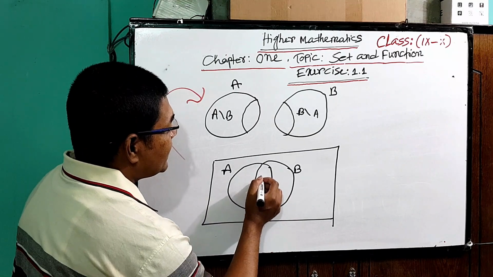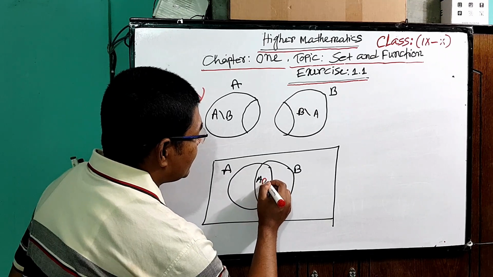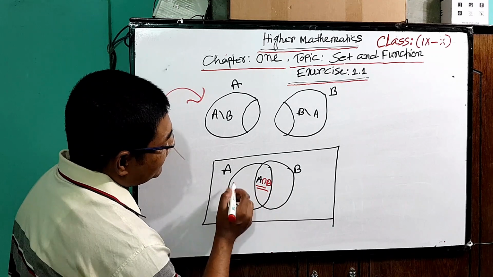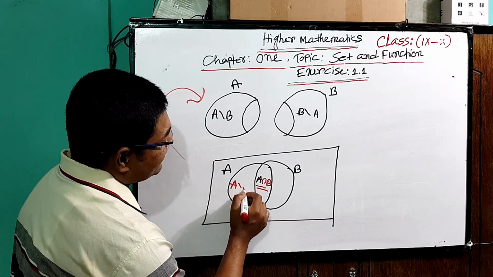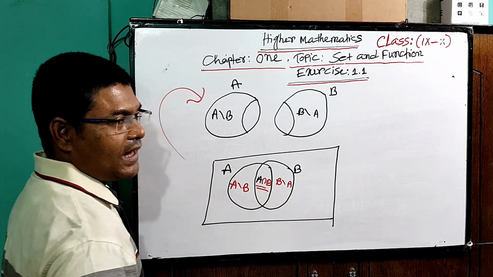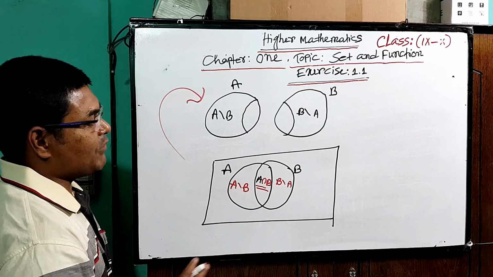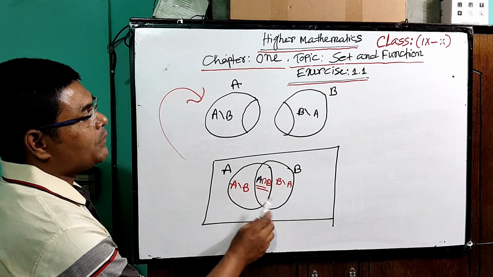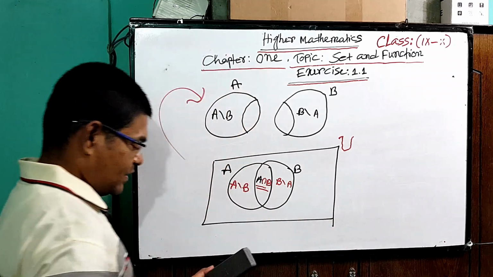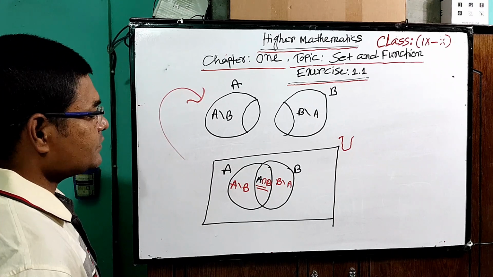And this is A intersection of B. And this is A difference of B. And this is B difference of A. Okay? So these are the Venn diagram. And you have to write here the universal set.